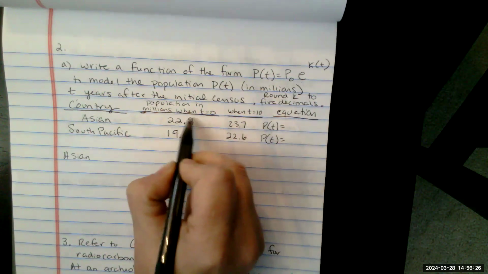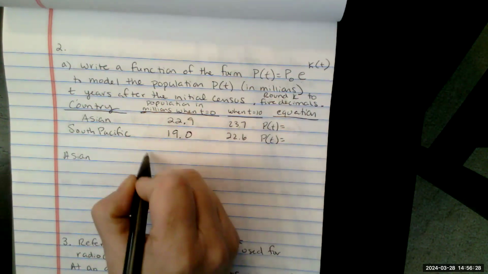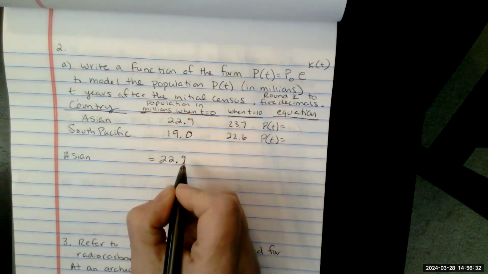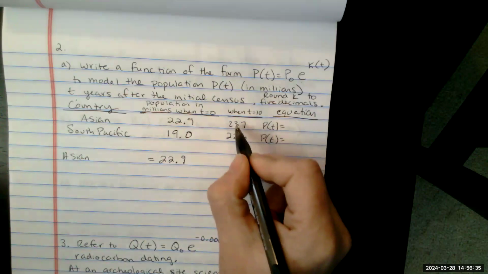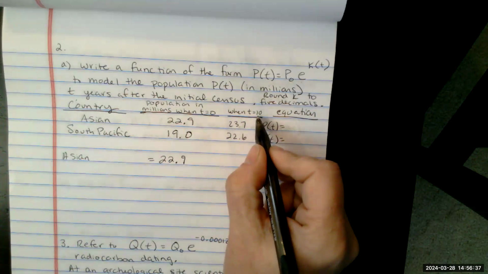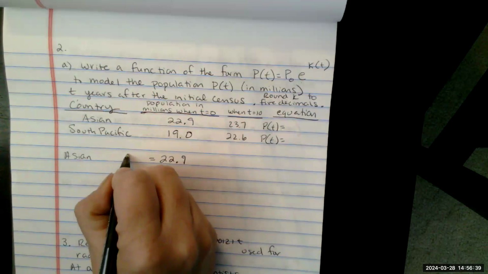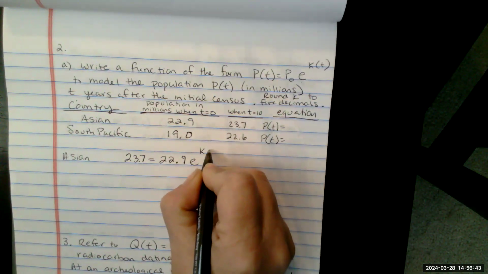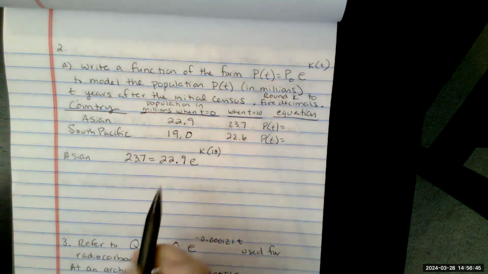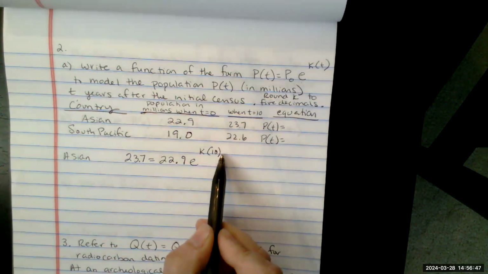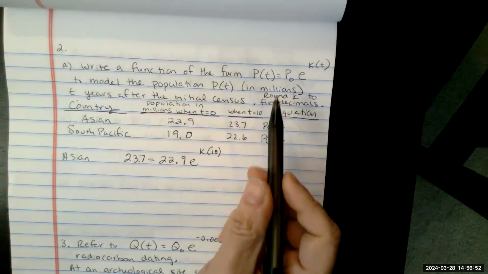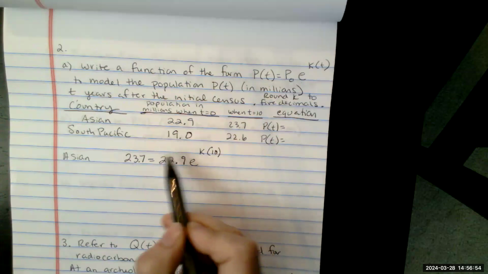This is the population when t is 0, that is P sub 0. But then this number is the population after 10 years, so when t is 10. We don't know the k, but we know that we got that number after 10 years. So plug in 10 for the t, this number for the P of t, and this number for the original.